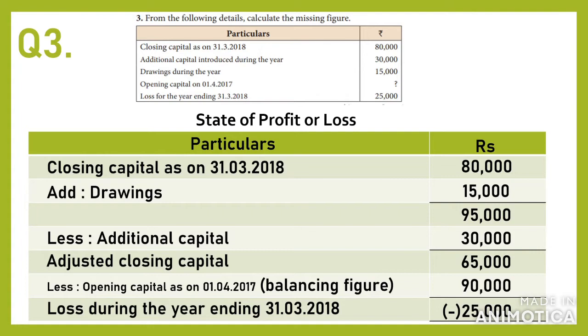Okay, so if you have 90,000 as the opening capital, then if you work out, you will see that 65 minus 90 gets you minus 25,000, which is a loss during the year. Okay, so you need to work back a bit to arrive at 90,000 here. Okay, so I hope I'm clear.